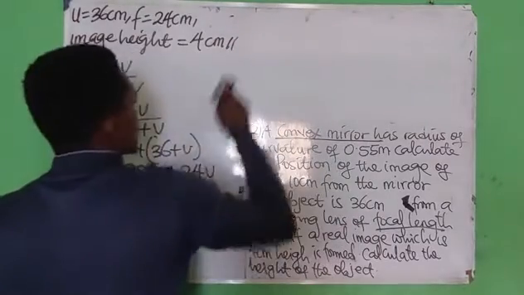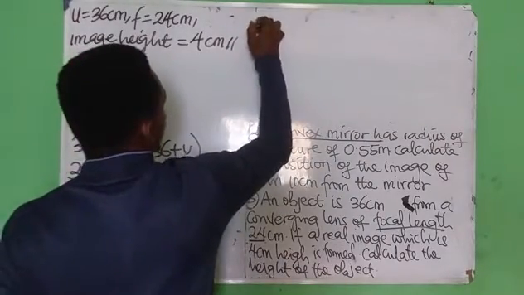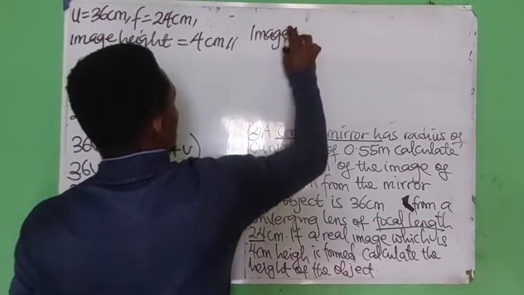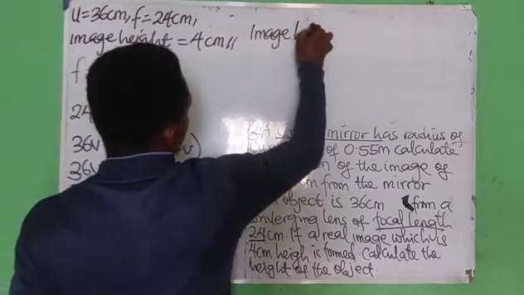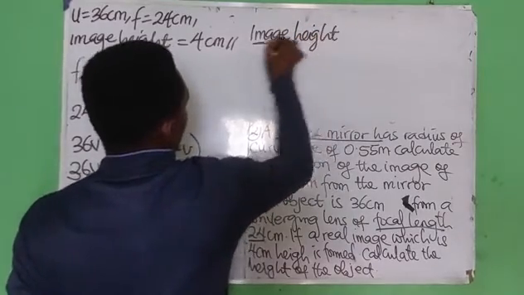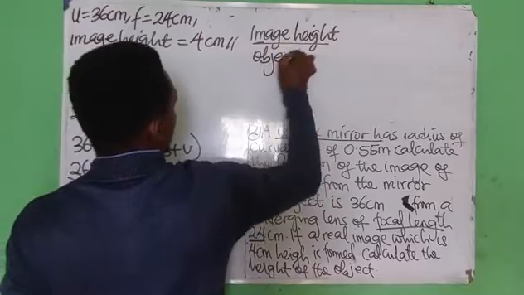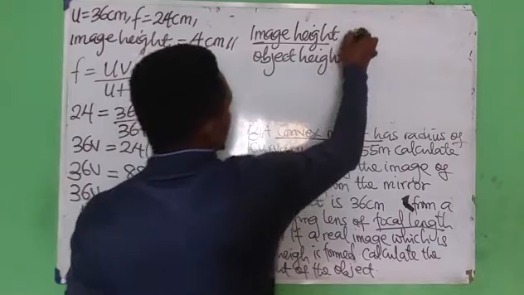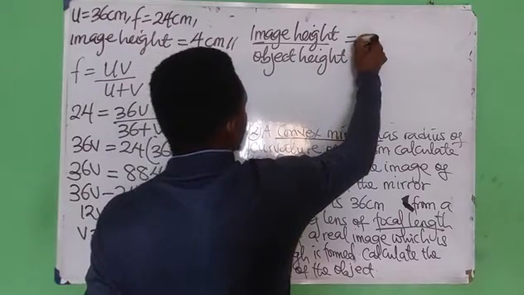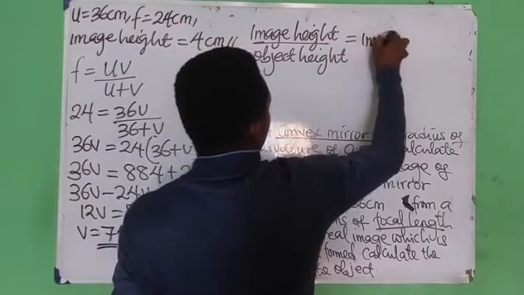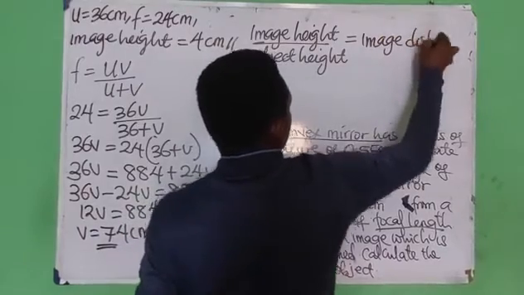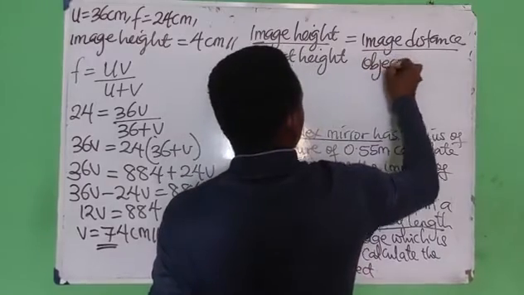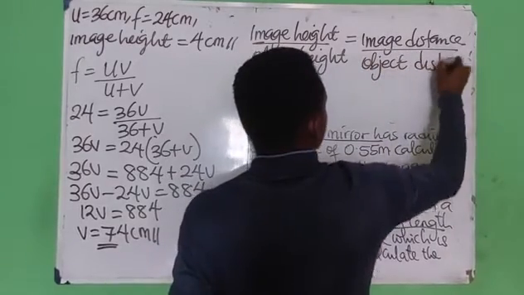Don't forget that we have image height over object height, and it's also this other formula for magnification, equals image distance over object distance.